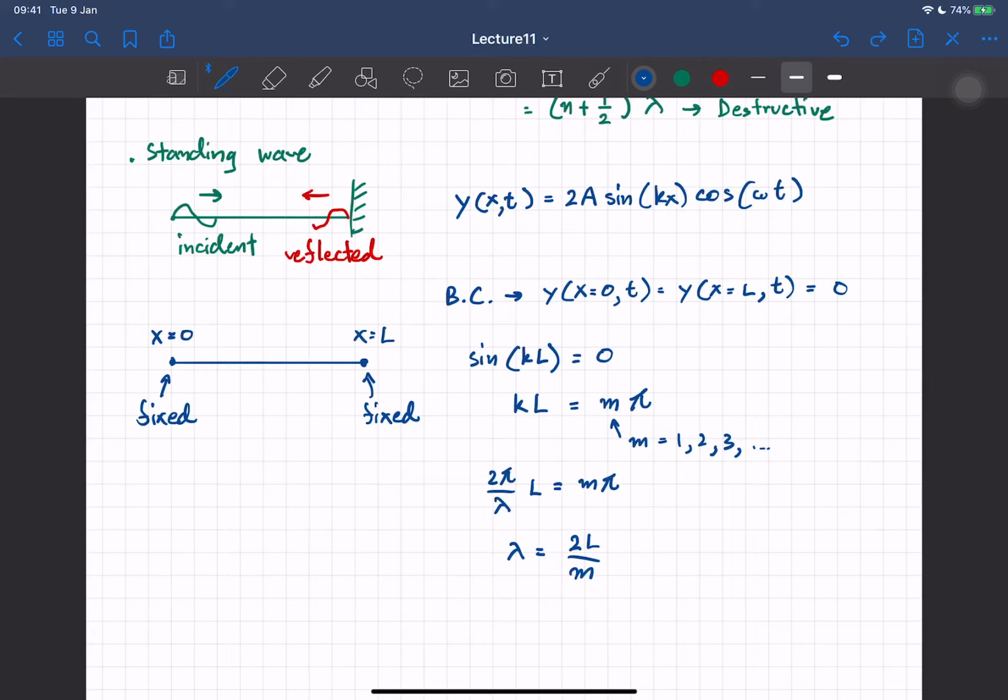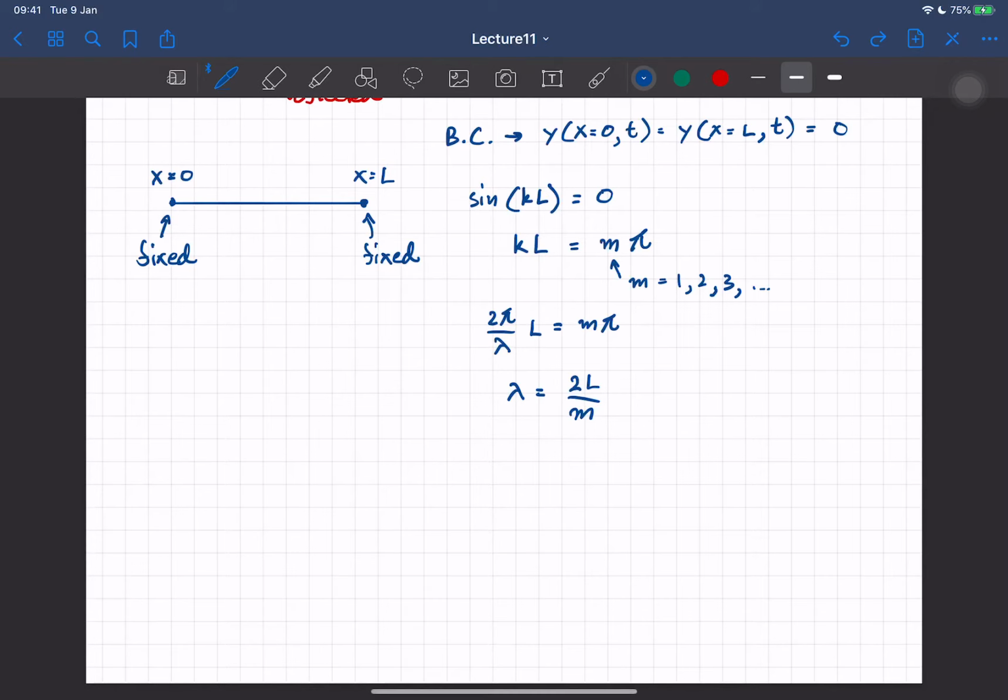You can have the wave inside the system, but the wave will bounce back and forth and interfere in a random fashion. It's not going to look as nice compared to when you choose the correct wavelength, and that's when you have a nice standing wave. So this is the condition to have a standing wave in the system.